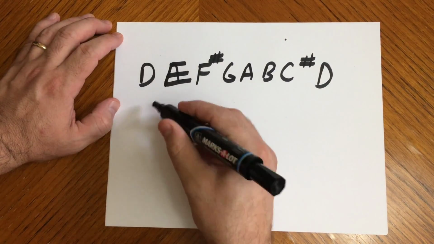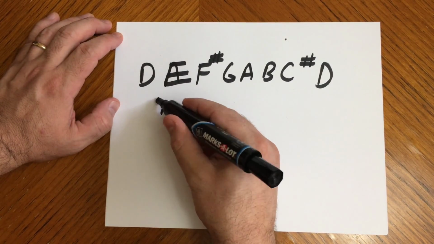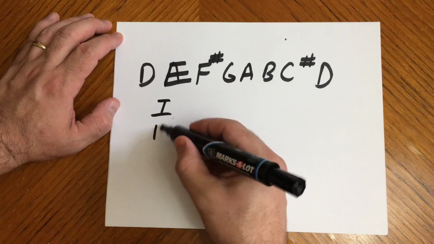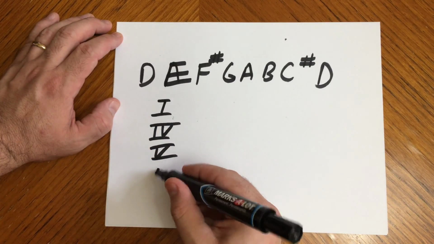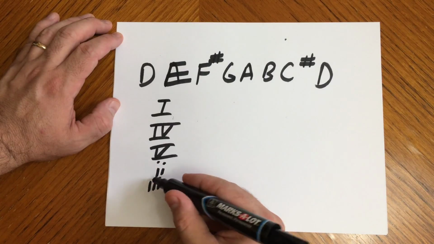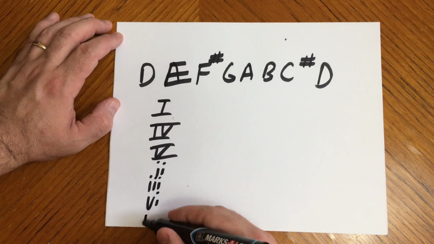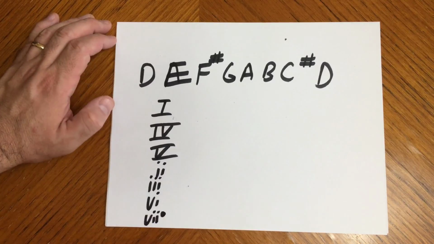So again, let's use this: 1, 4, and 5 are major capitals, and the lowercase Roman numerals are minor. Then we have our diminished chord, and we can just fill in here.